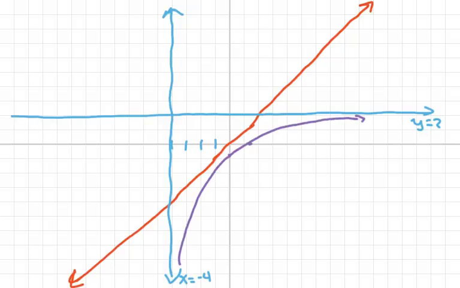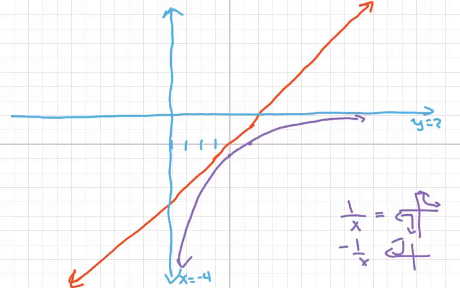Now, just knowing what 1 over x looks like, the general form is either this way or that way. In our case, ours is negative, so ours is going to look like this.